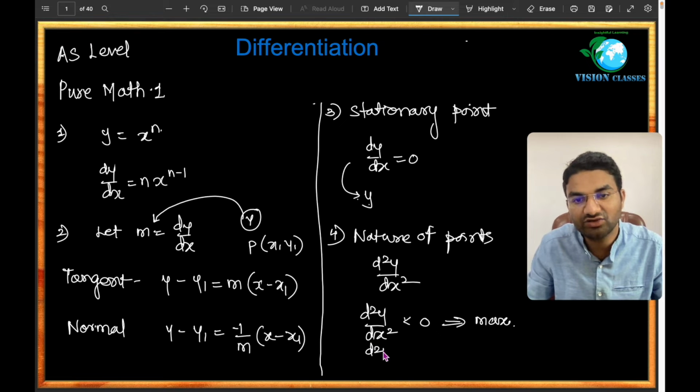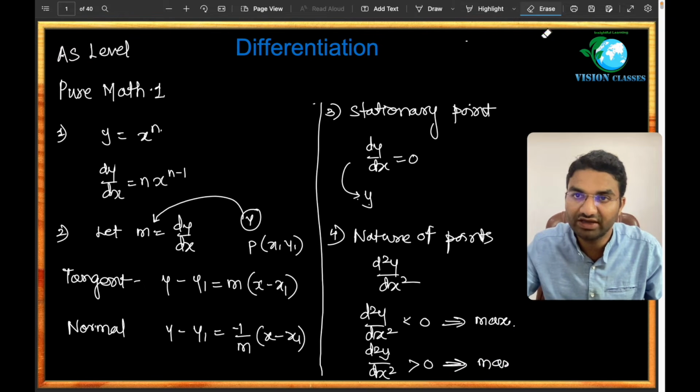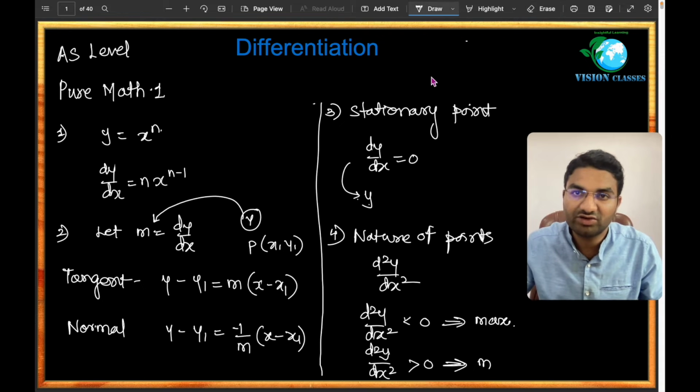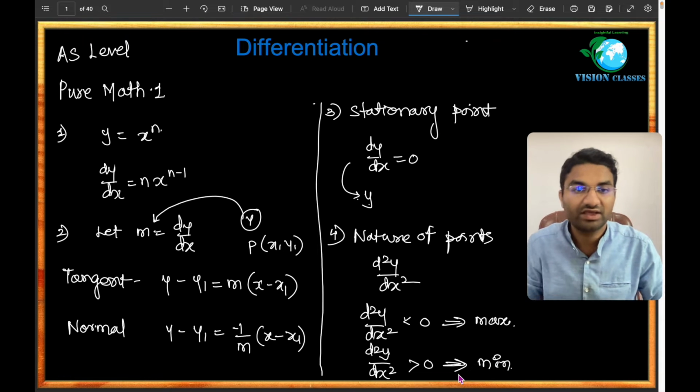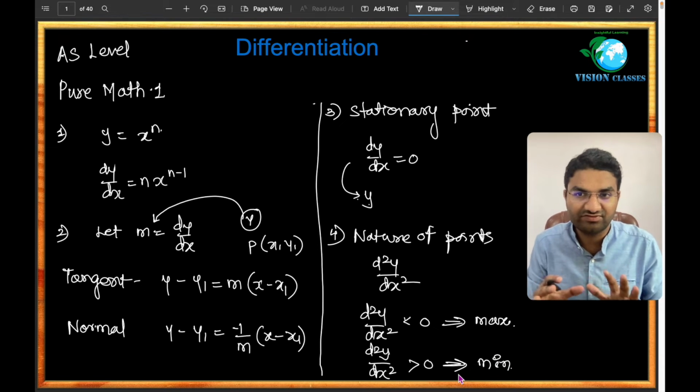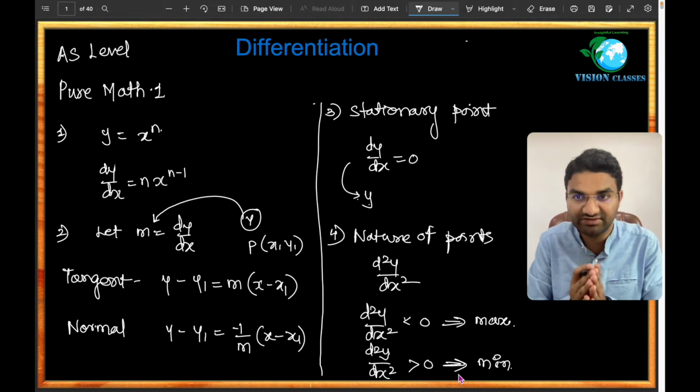If d2y by dx squared is greater than 0, then it's a minimum point. Getting it? So these are the 5 topics in differentiation.